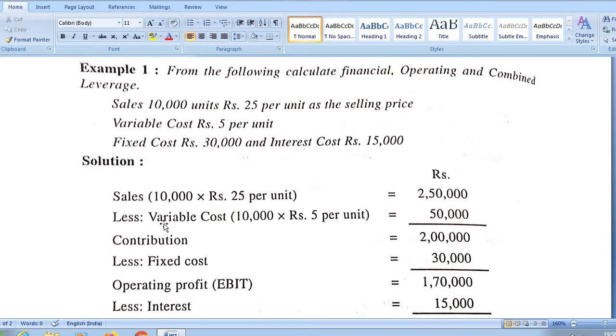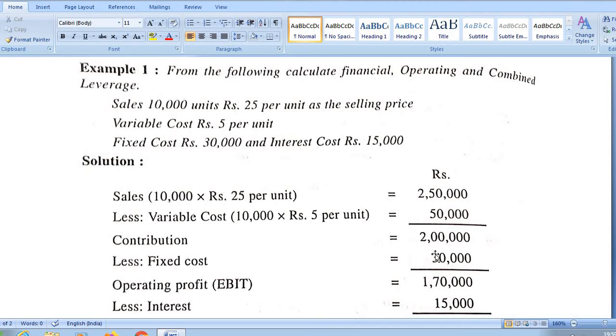Contribution means it is the direct amount contributed for selling a product, so that it is 2 lakhs minus fixed cost. This fixed cost remains constant irrespective of the increase or decrease in sales. It doesn't matter whether the sales take place or not, this particular amount will remain constant.